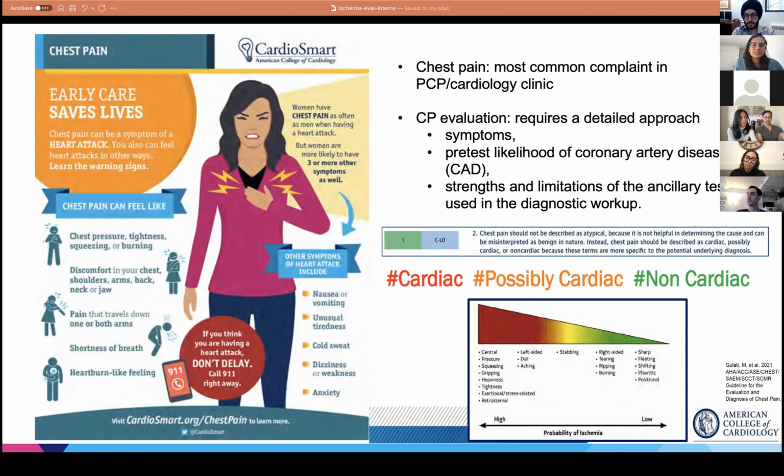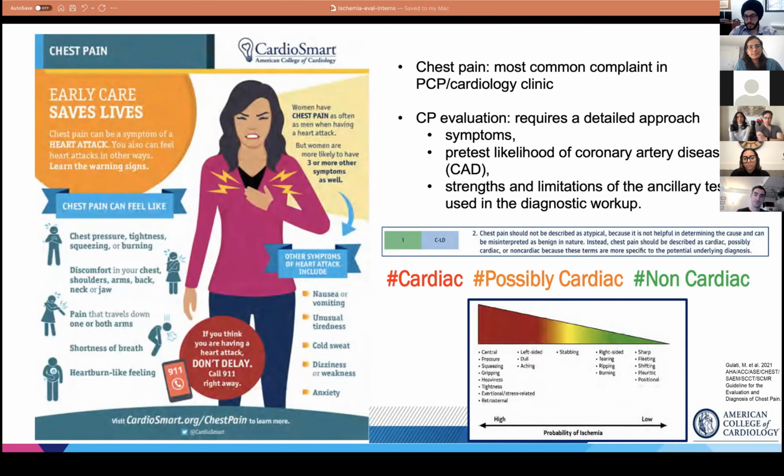We used to use the terms typical chest pain, atypical chest pain, and non-cardiac chest pain, but we are now recommending against using the term atypical. We know that women have chest discomfort, but they also can have other symptoms such as nausea, vomiting, and dizziness, which we used to call atypical symptoms, but they're not necessarily atypical. They're typical for women. So now we're recommending to use the terms cardiac, possibly cardiac, and non-cardiac.